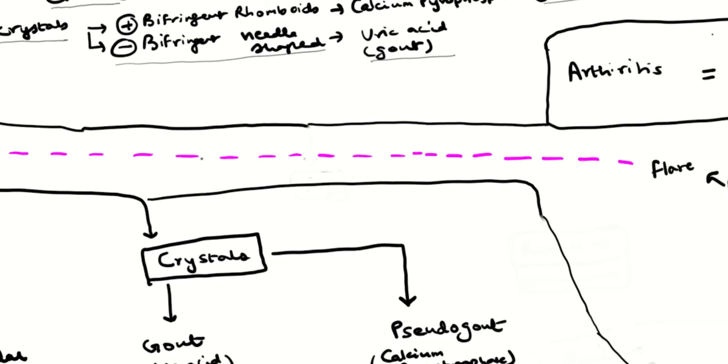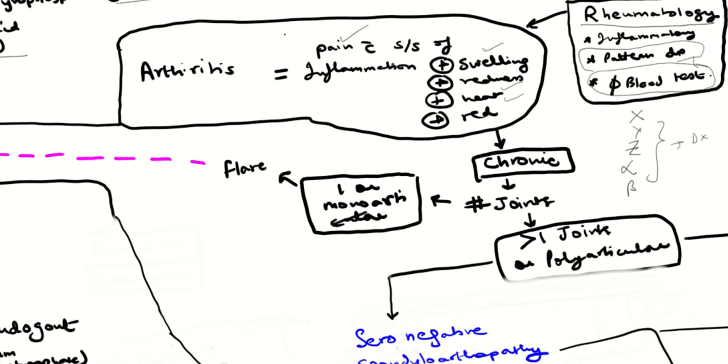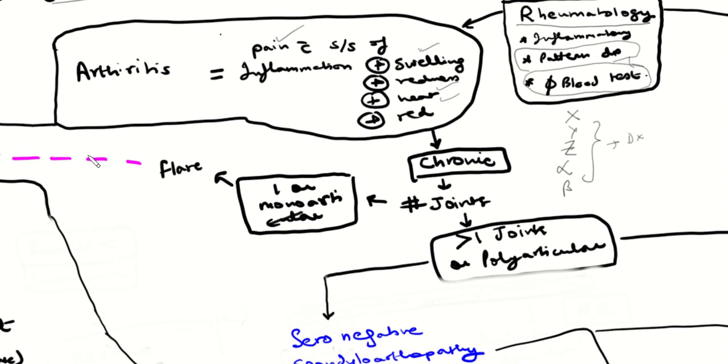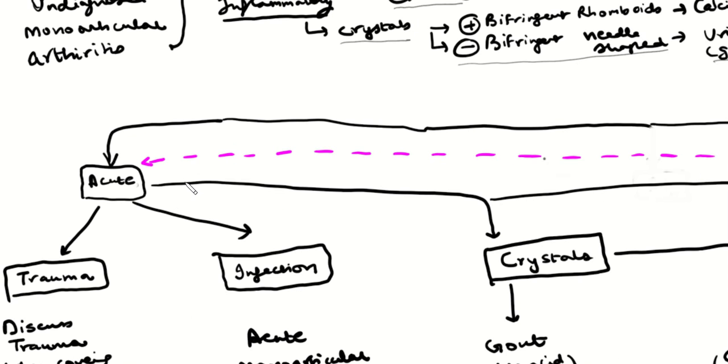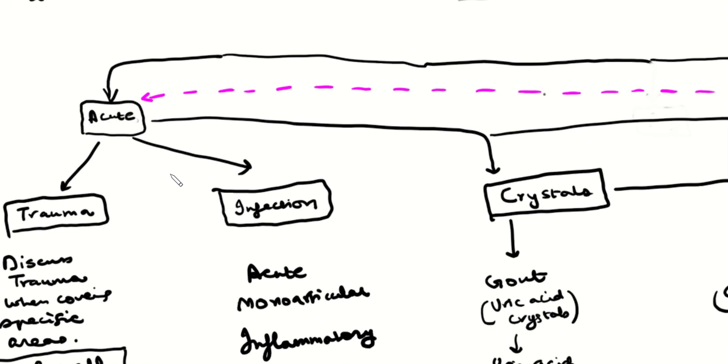Or chronic. Acute or chronic, that's question one. Chronic means it's been going on for a while, it comes, it goes. Now, whenever you see an acute joint arthritis, think of four things.